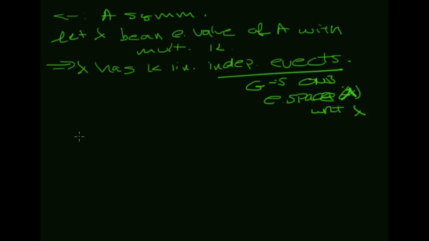Now, I can repeat this for all of these distinct eigenvalues of A. Once I do that, I now have a full set of linearly independent eigenvectors that are orthonormal. Okay? So, well, think about what that means.